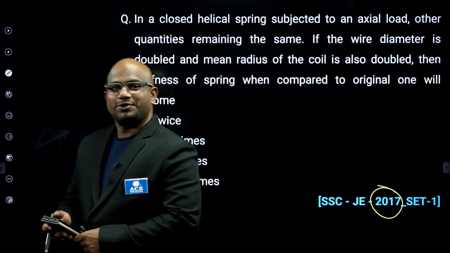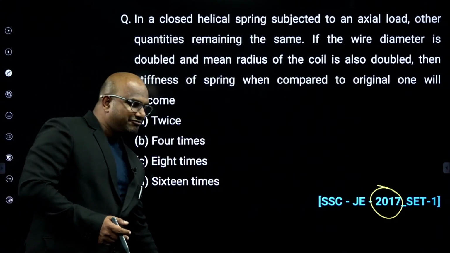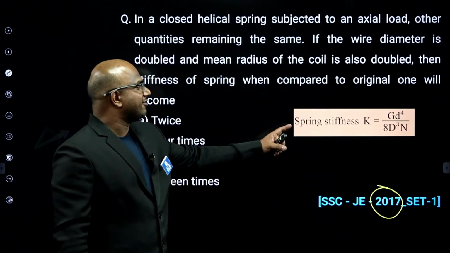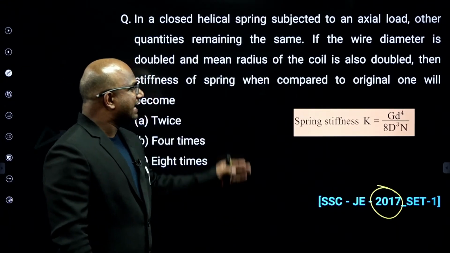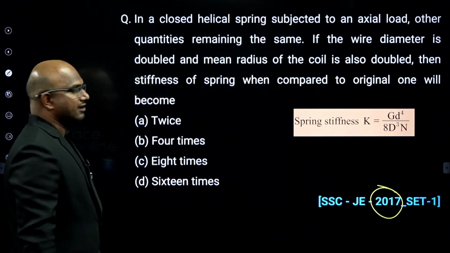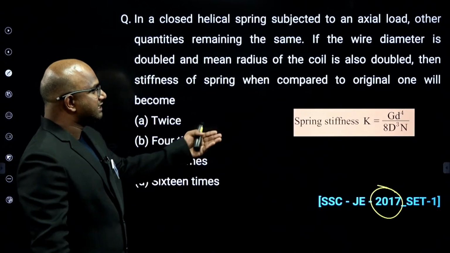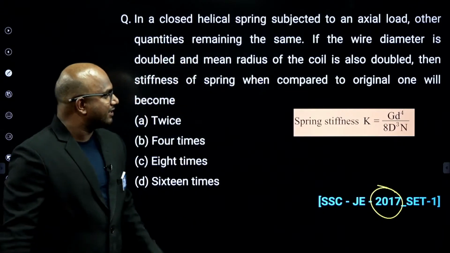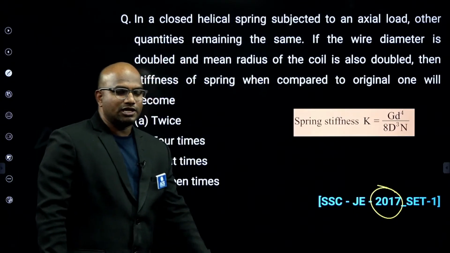See here, you have to remember the stiffness formula for the helical spring. That is, the spring stiffness K equals G d power 4 by 8 D cube N, guys. N is the number of coils, G is the rigidity modulus, small d is the wire diameter and capital D is the coil diameter.